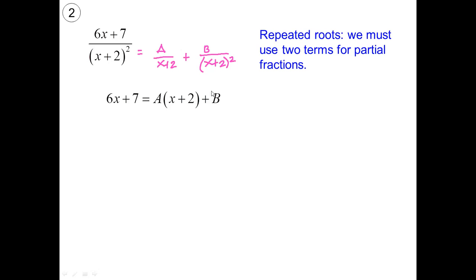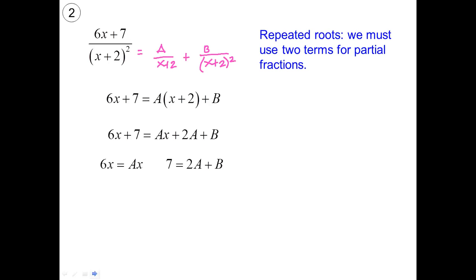After you have written this into its equivalent partial fractions, you multiply it by the common denominator, telling you that the a should still be multiplied to another quantity x plus 2, and b should simply be multiplied by 1. This one becomes 6x plus 7. You can use Heaviside because in this case, you can solve right away for b, or you can equate coefficients, the long method, with which you will find the values of a and b.